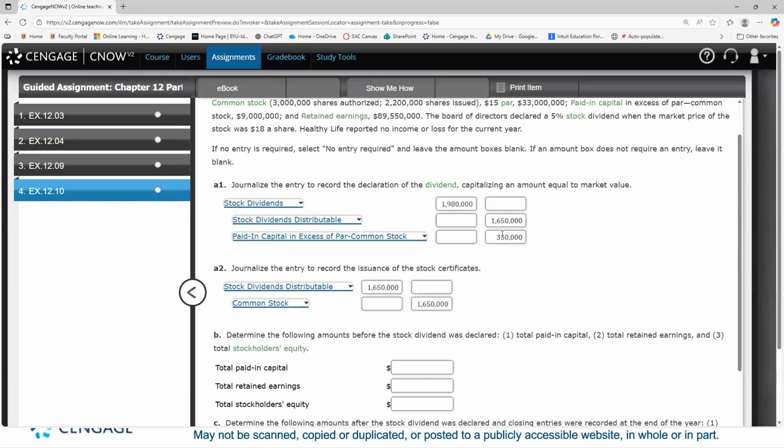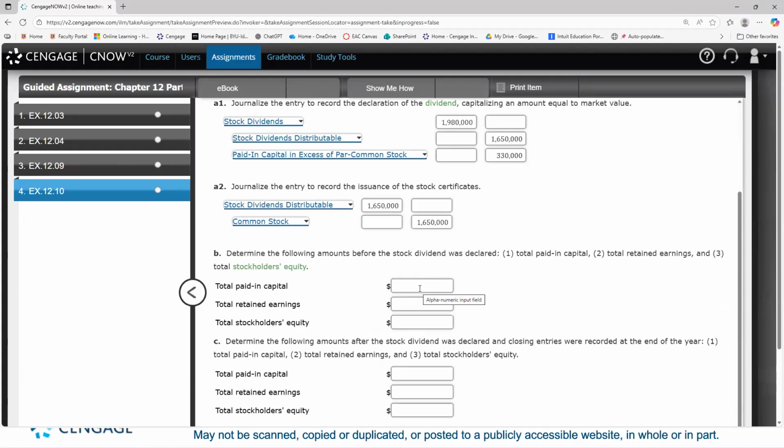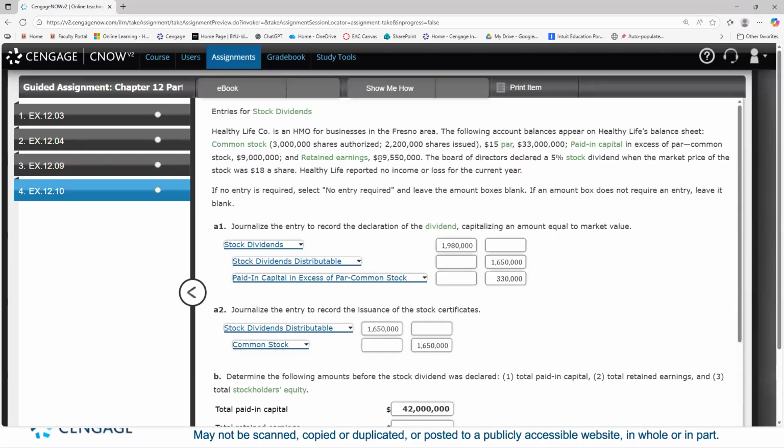Total paid in capital just means our common stock account plus any paid in capital in excess of par. It just means the amount that we've been paid for our stock by the stockholders. So we add this 33 million and this 9 million, and 33 million plus 9 million is 42 million. Our retained earnings, I think, was given to us up here: 89,550,000.